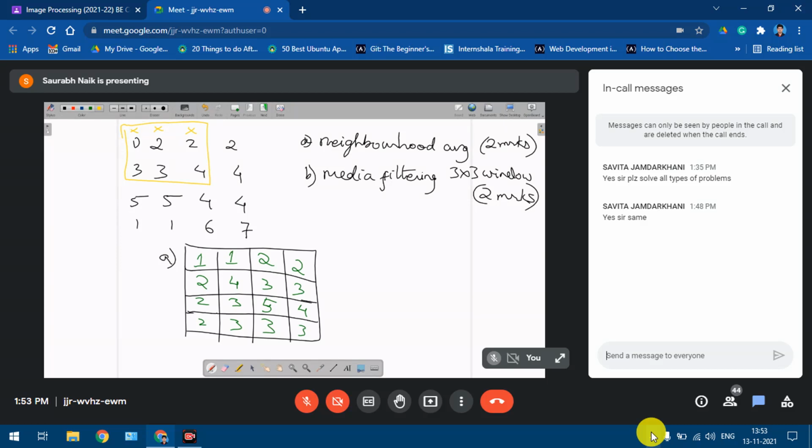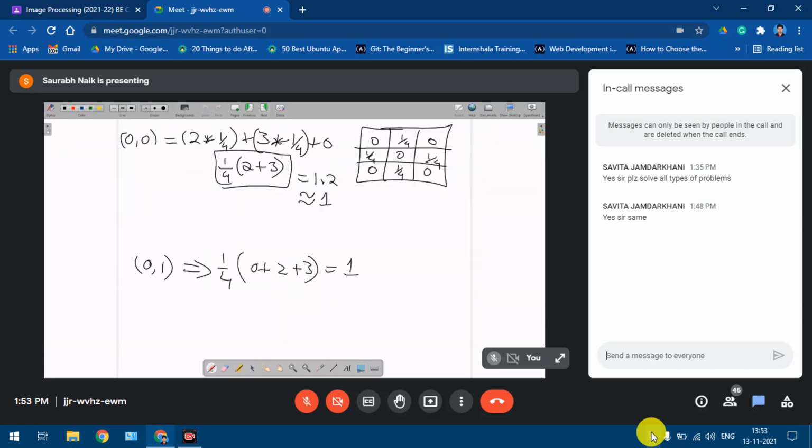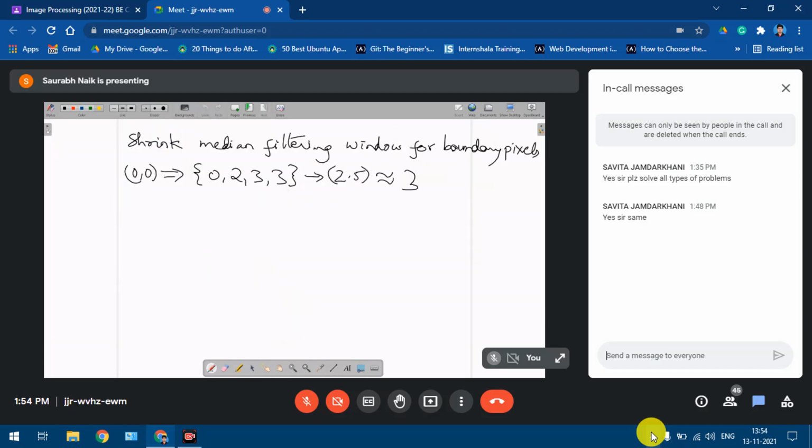So I'm getting the values as 0, 3, 2, 3, and 2, 4. After sorting, this will come as 0, 2, 2, 3, 3, and 4. So at 0, 1, I have to write 0, 2, 2, 3, 3, and 4.